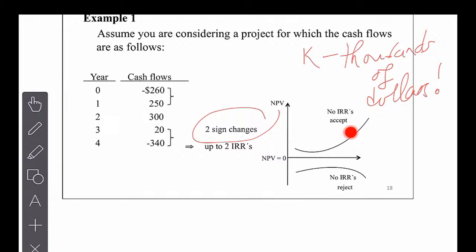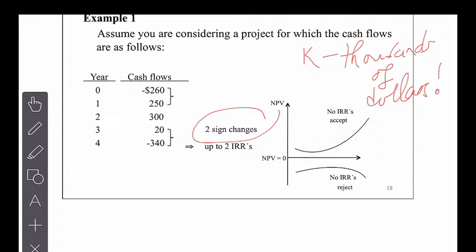You can't solve for IRR because it never hits NPV 0. But does that mean you should reject the project? No. The rule is NPV greater than 0 is a project you would accept. So any project like this, you would accept it off the bat. You wouldn't need to do an analysis. It's always returning a positive NPV.